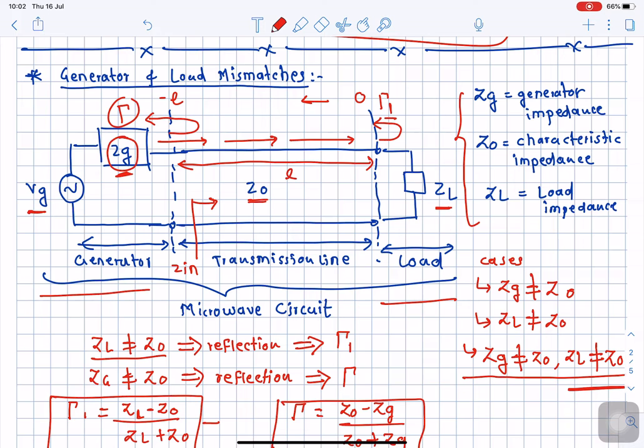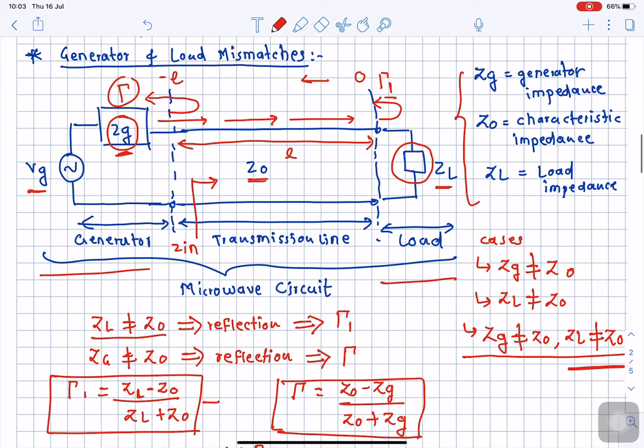Now this generator is connected to the load on the right hand side. In order to connect the generator with the load, we are going to make use of a transmission line. So this entire microwave circuit can be divided into three sections.